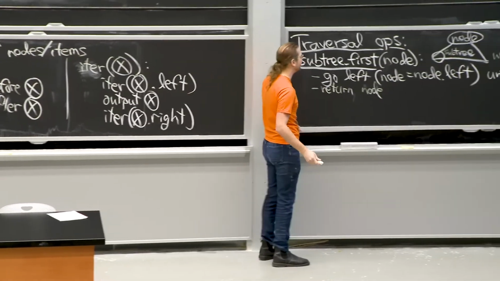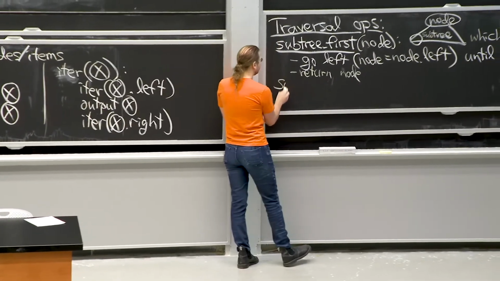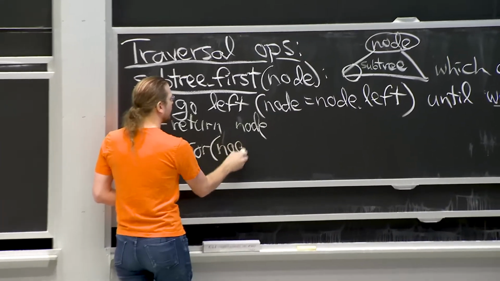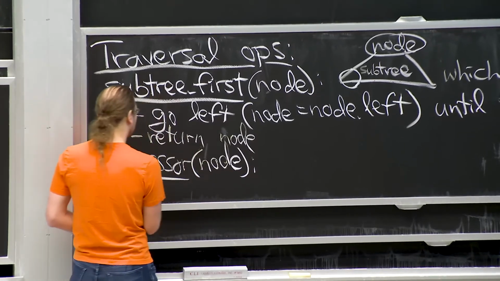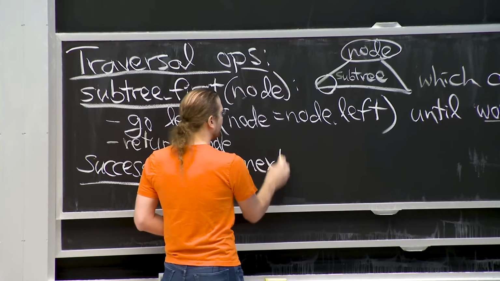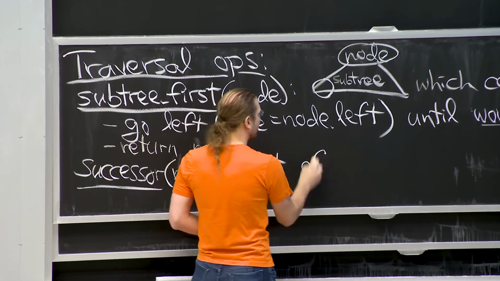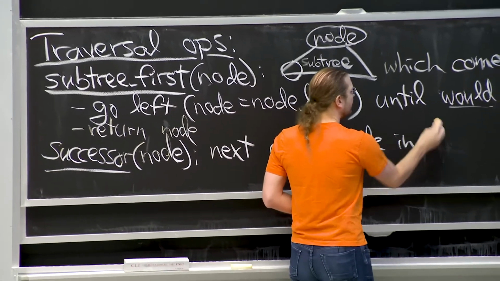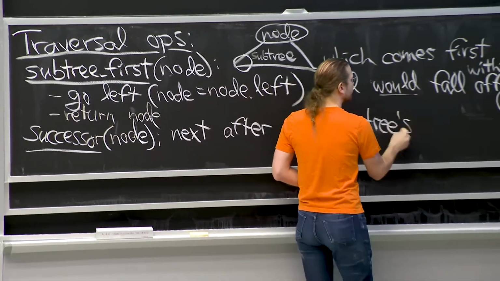Okay, let's do a more interesting one. Successor. Node. So in this case, I want to know what is the next after node in the overall tree's traversal order.